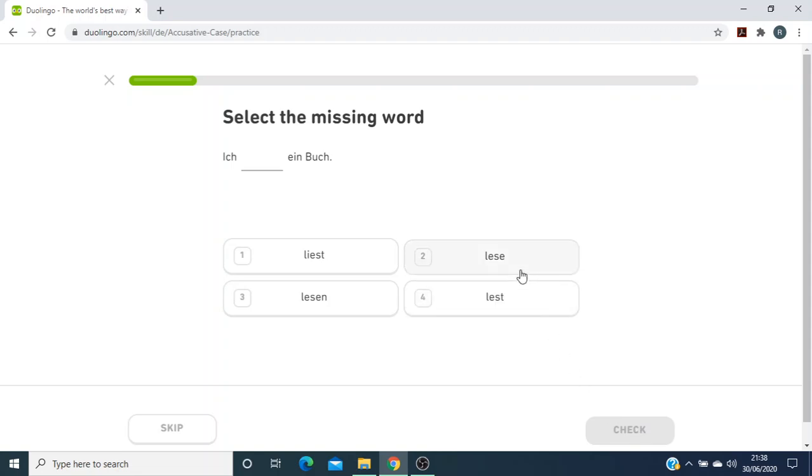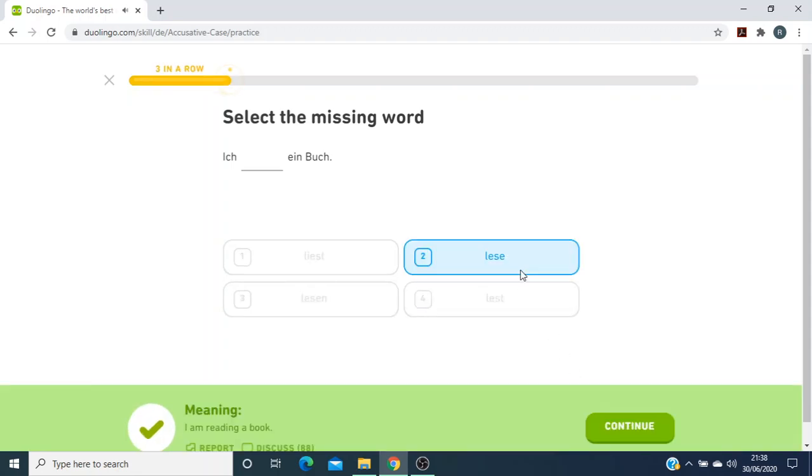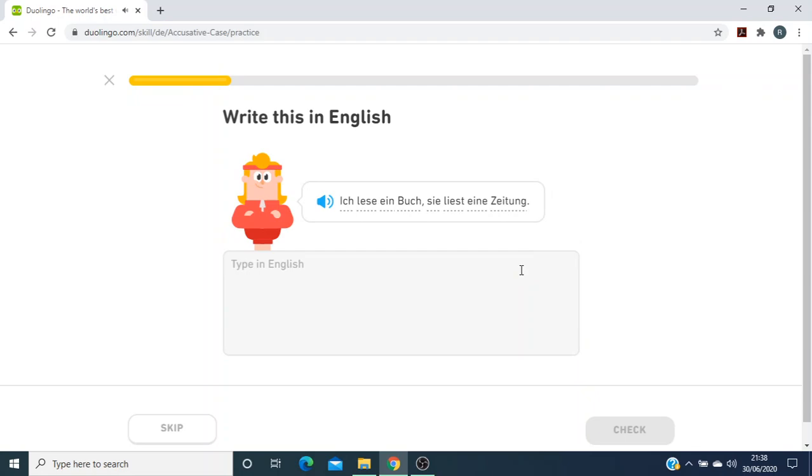Ich lese ein Buch, sie liest eine Zeitung. I've already had that one. I read a book. She reads a newspaper.